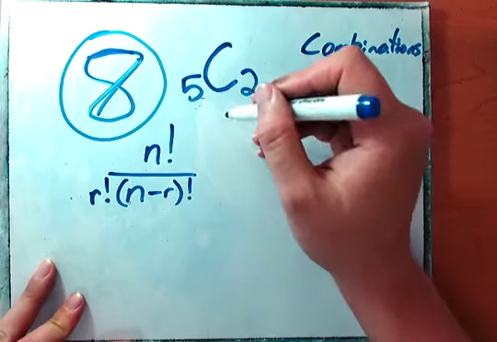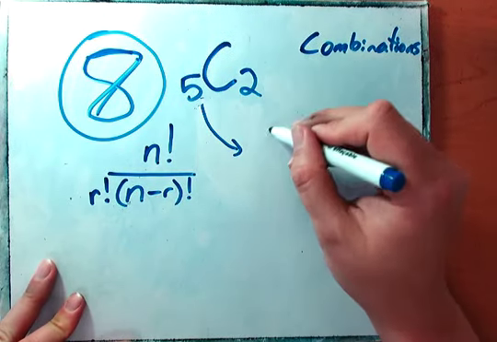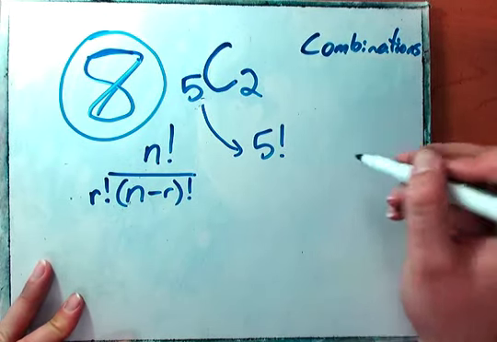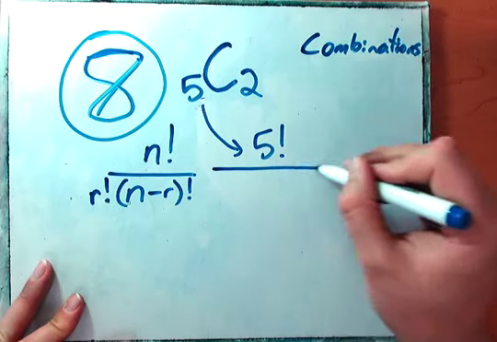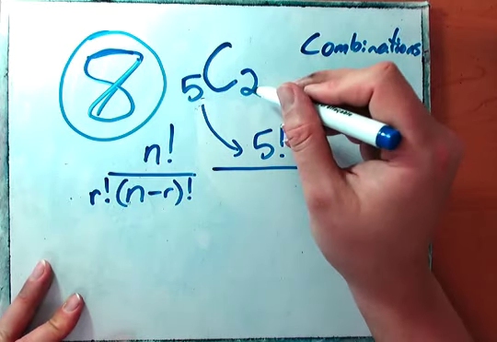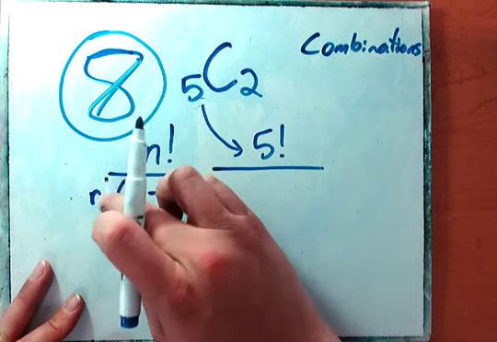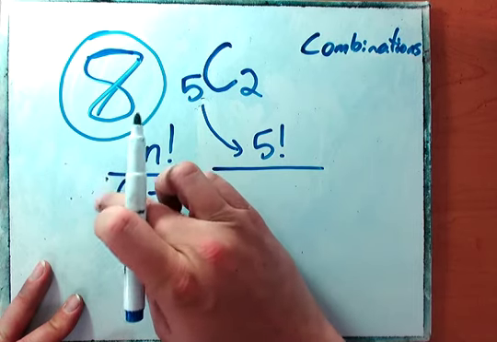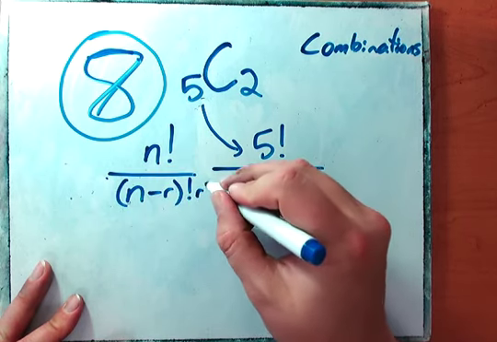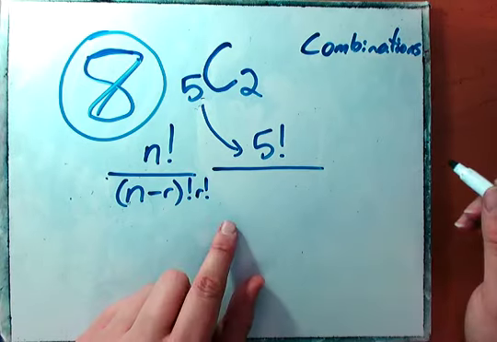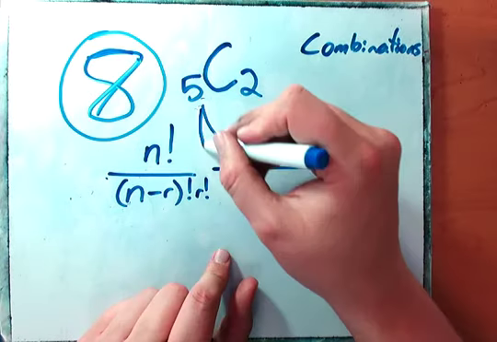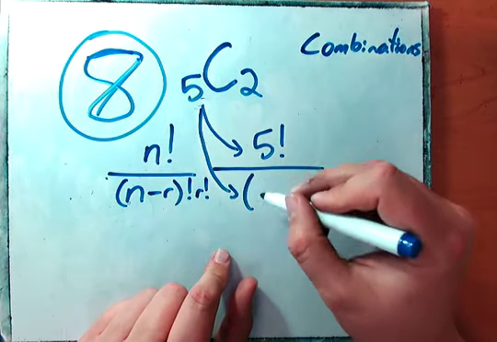So let's do this again. We're going to take 5. We're going to put 5 factorial in the top for n, that first number. Then I'm actually going to flip this. I'm going to put the r factorial afterwards. So from the 5 goes also into here.